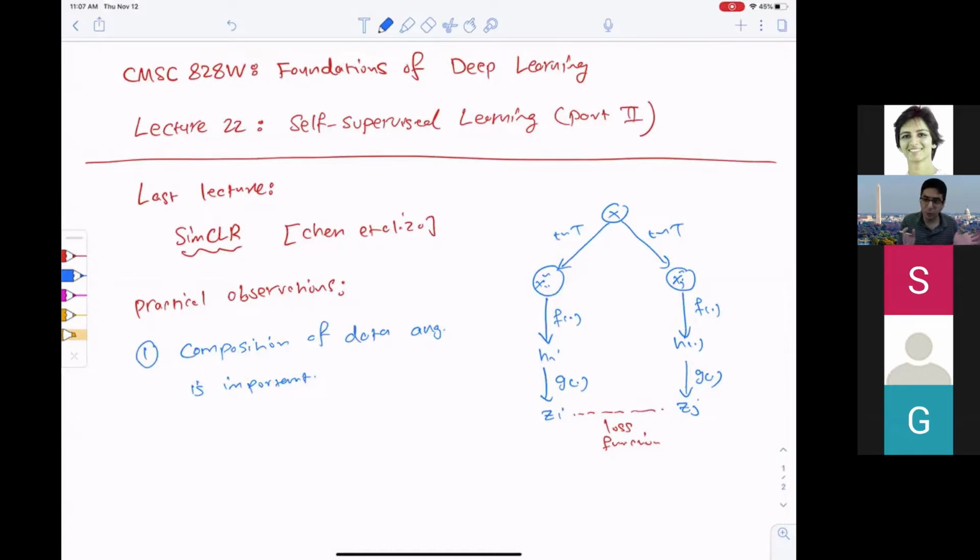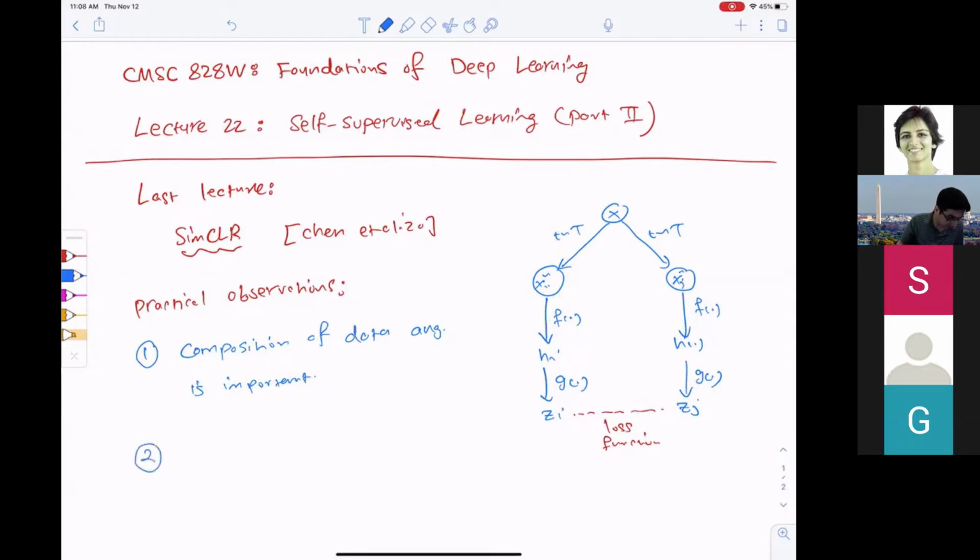And if you do only one of them compared to composition of multiple augmentation methods, the latter works better in terms of the performance evaluated using a linear classifier on top of the embeddings that are obtained. So that's one observation.